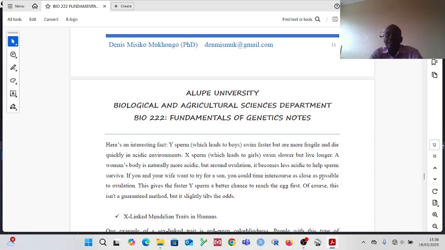The sperm carrying the X chromosome, which leads to girls, will swim slower, but it will live longer in an acidic environment. The woman's body is naturally more acidic. So if you are trying to have a son, then time intercourse to be as close as possible to ovulation. The closer you get intimate with your wife when she is almost ovulating, you increase chances of getting a son.